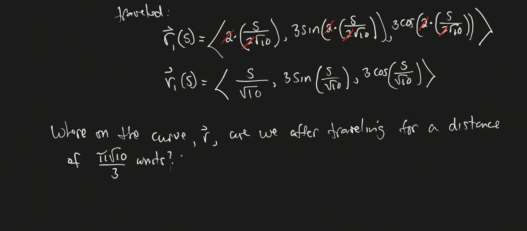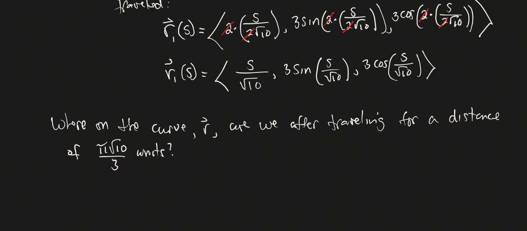So if we now know that we've traveled s units, s equals pi root 10 over 3 units, and it's asking where are we, so it's asking for the position, all I have to do is take my new re-parameterized vector function and evaluate it at pi root 10 over 3.